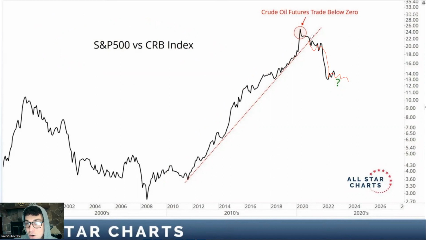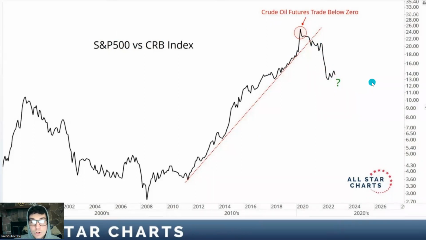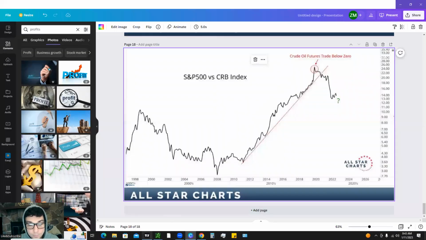It's looking like it's starting a bearish trend and could continue to head downwards or even just consolidate sideways a little bit. So take a look, and that's kind of why we showed Oxy, right? And when you look at the crude oil futures versus the S&P 500, the S&P 500 does not look too strong compared to those.